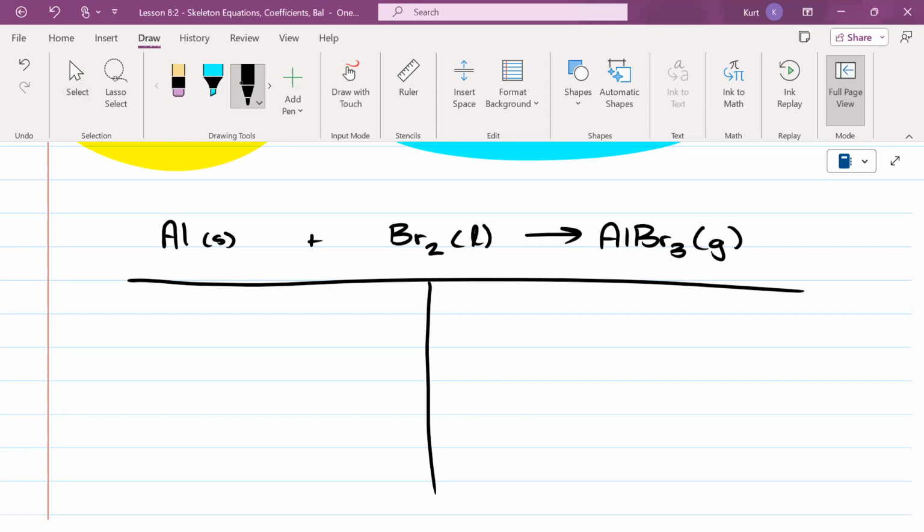How many aluminum atoms are there on the product side? That checks out. Okay. Nella, how many bromine atoms are there on the reactant side? And how many are on the product side? Is that balanced? No. I'm going to show you guys how to fix that. It's going to require some very minimal algebra, basic multiplication.